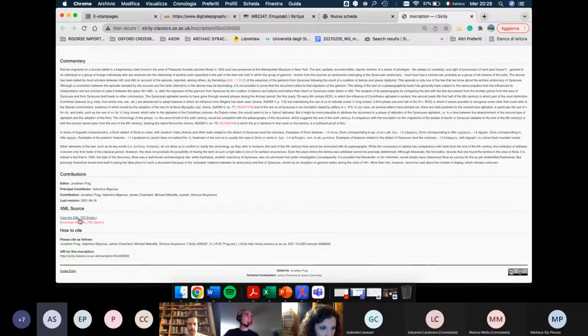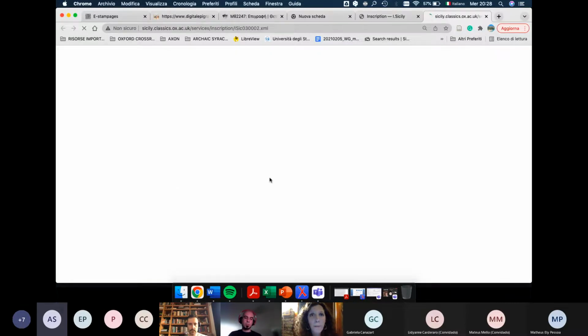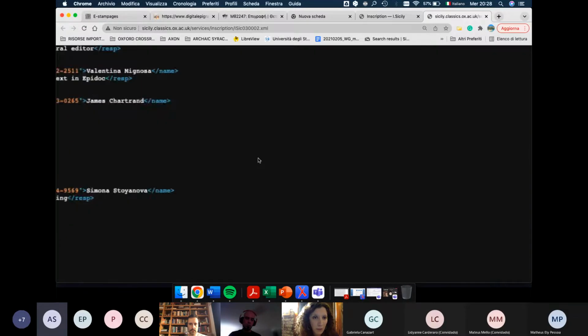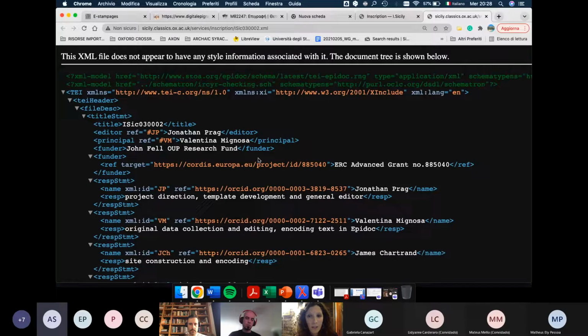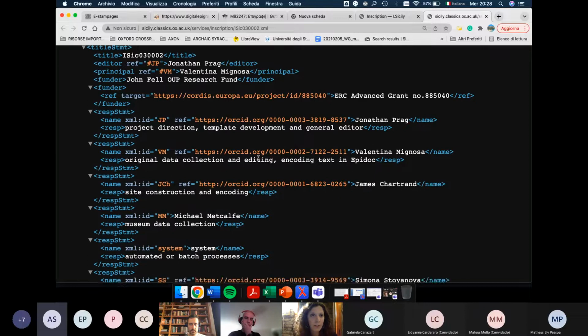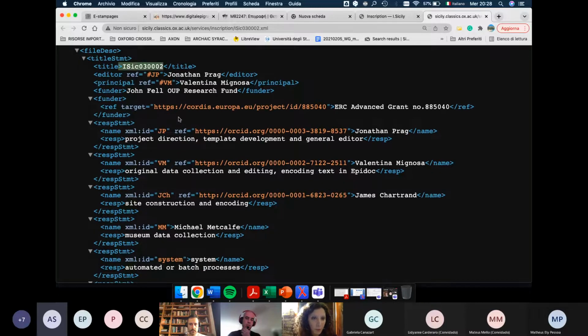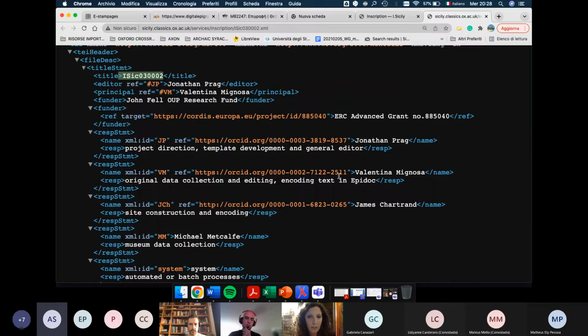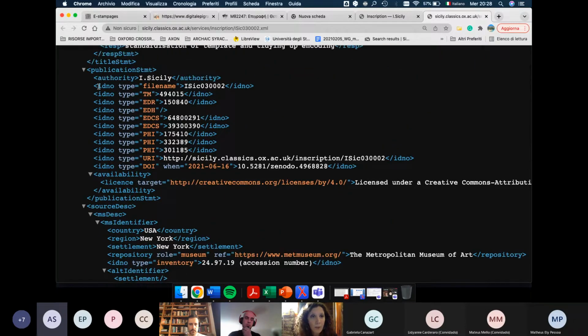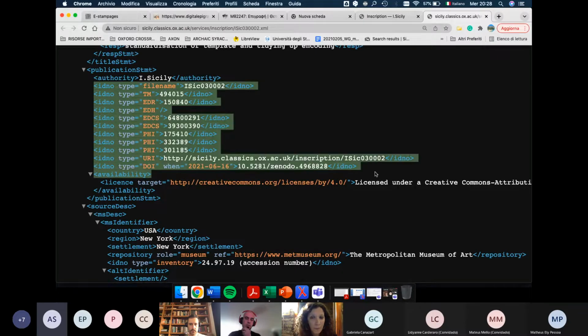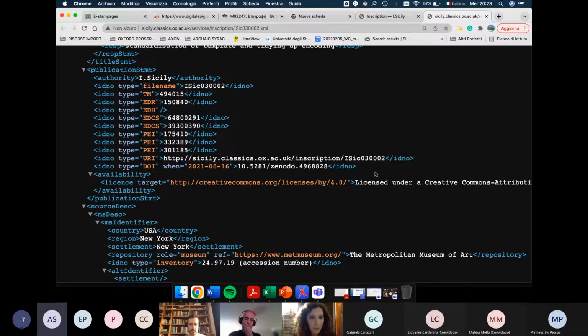But the new, interesting thing, which maybe is not so clear from this display, but I will go deeper, is that you can add inside every record all kinds of information. Here it's just, for example, the title of the inscription, the people that collaborated to create this record, and then all the digital references of the inscription.